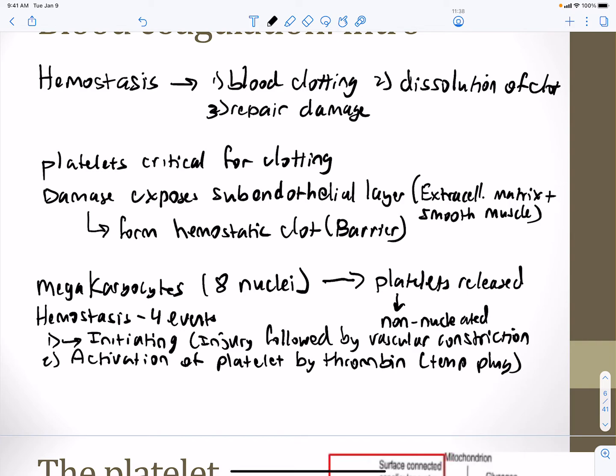And then you're going to have formation of a clot, which is basically a fibrin mesh.